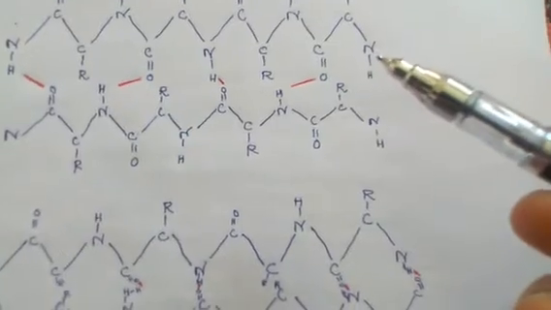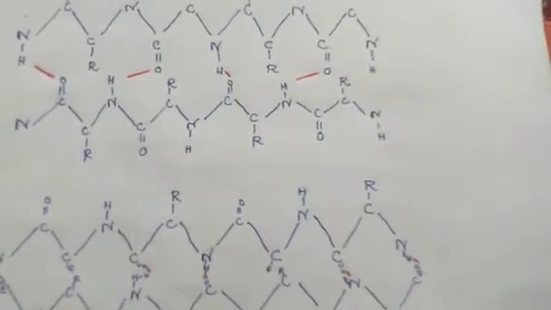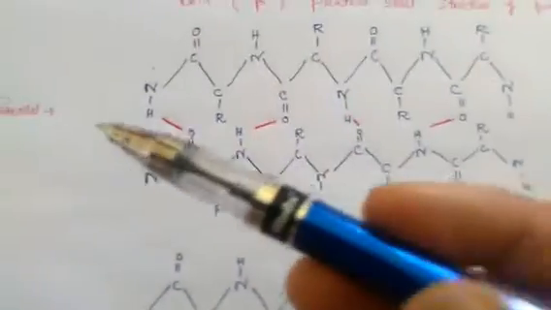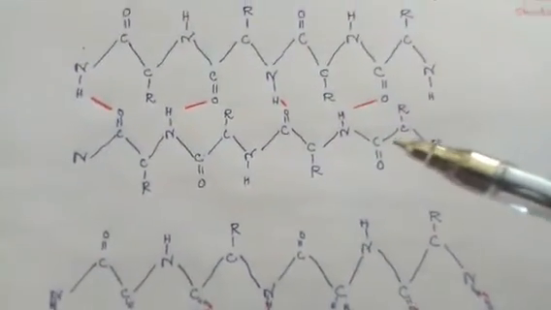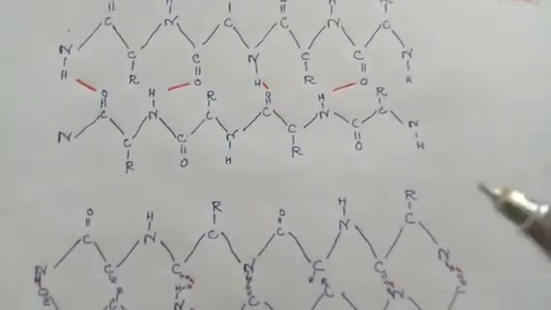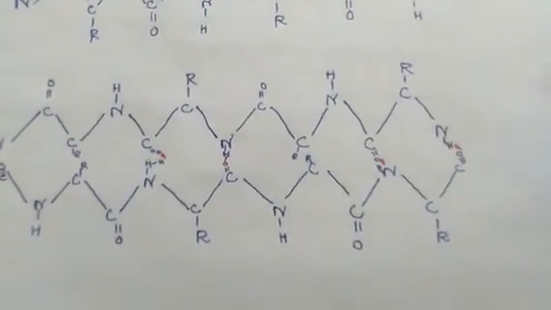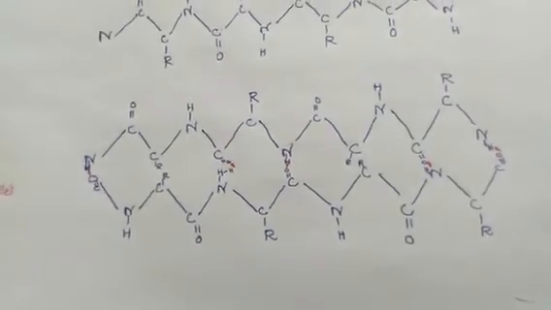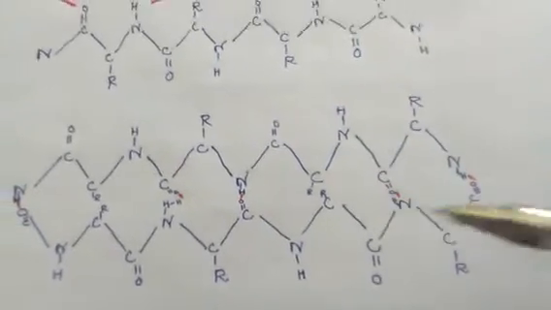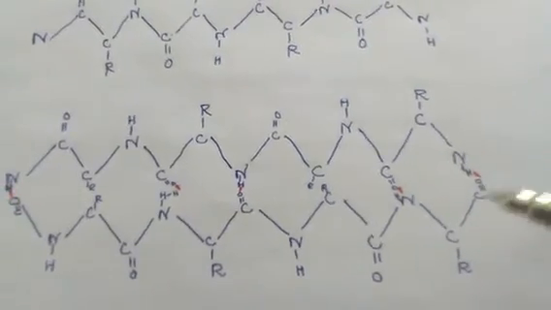You can have a look here: N terminus and N terminus, C terminus and C terminus, on the same side for both segments. Then it forms the parallel beta pleated sheet structure. When N terminus is on the same side, or C terminus on the same side, it is parallel. And when they are in opposite direction, when on one strand it has N terminus and on the other strand C terminus, it is anti-parallel.